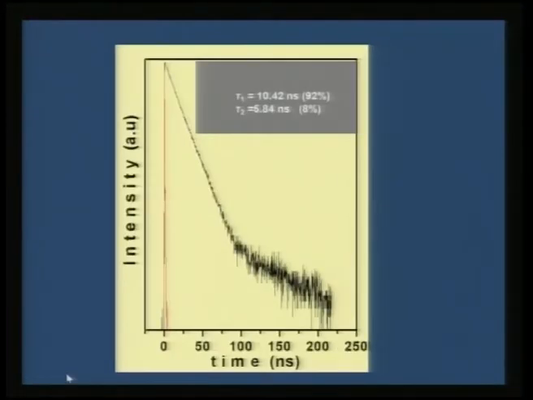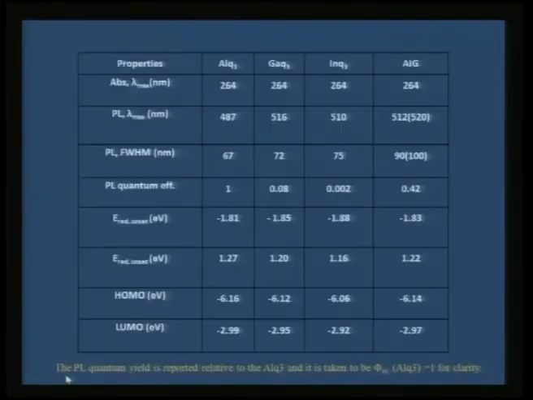And you can also try to fit this to a double exponential decay. You can see two components, tau 1 and tau 2, mostly coming from the quinoline moieties, and these are some of the data that we can agree upon to see how the solid solution is performing in comparison to the individual molecules.